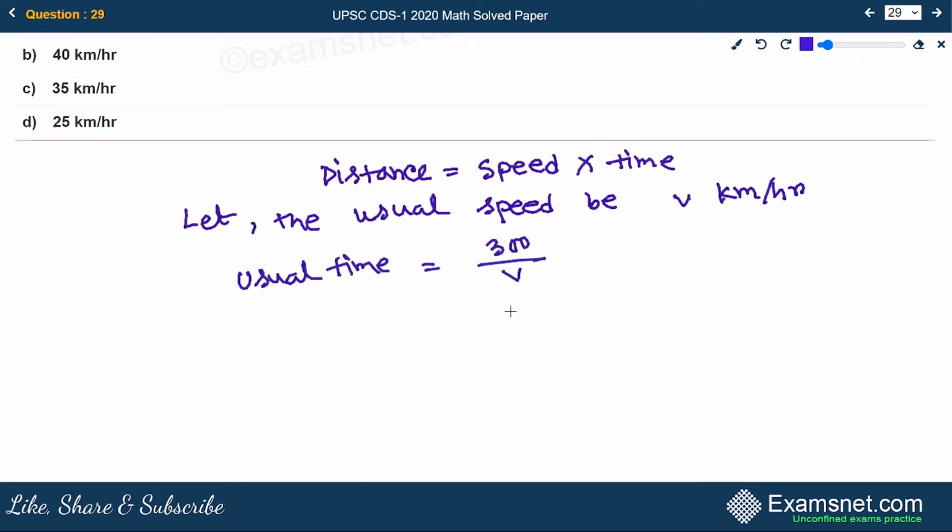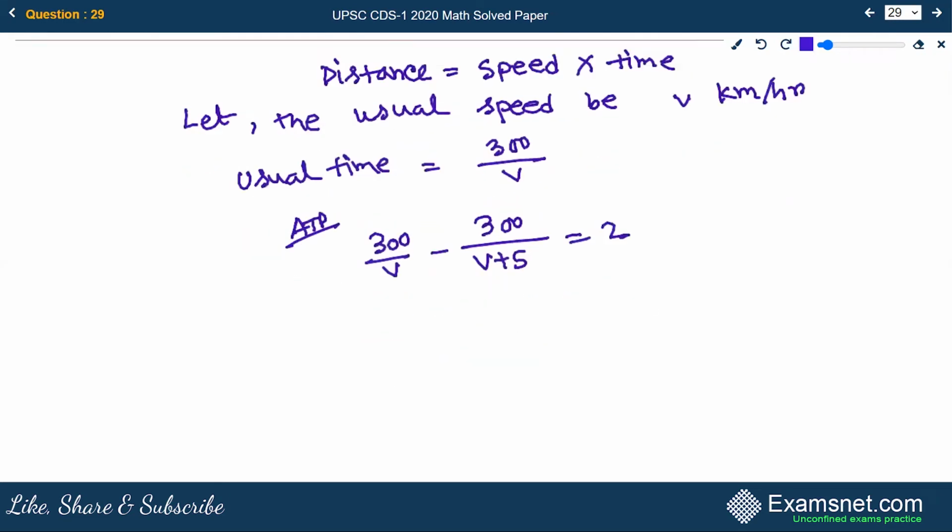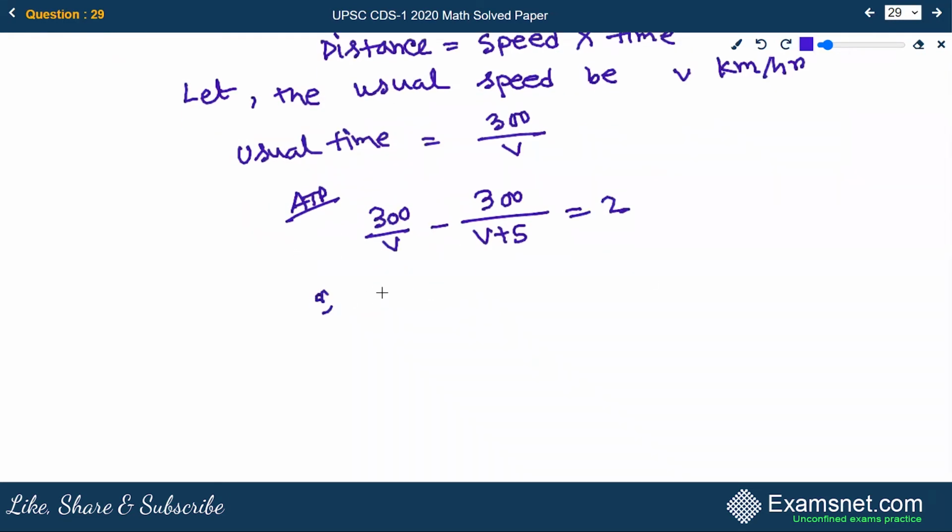Now it states that when the speed is increased by 5 km per hour, that means the speed becomes v plus 5, then the time is less, that is 2 hours less. So according to the problem, 300 by v minus 300 by v plus 5, the difference between these two times is 2 hours. Okay, let's solve this equation.